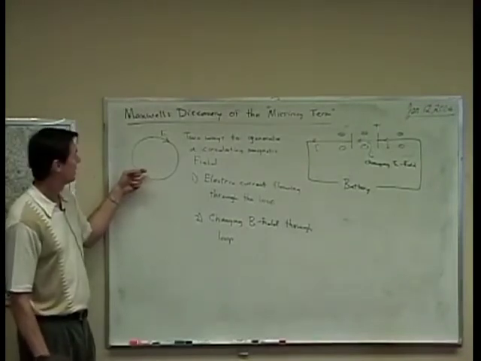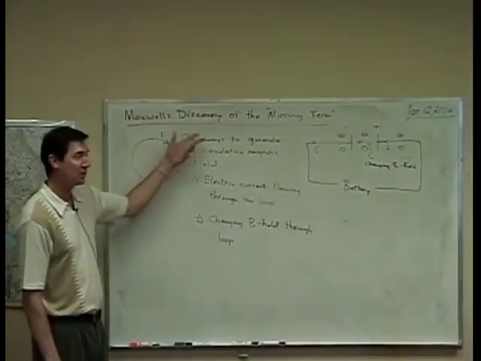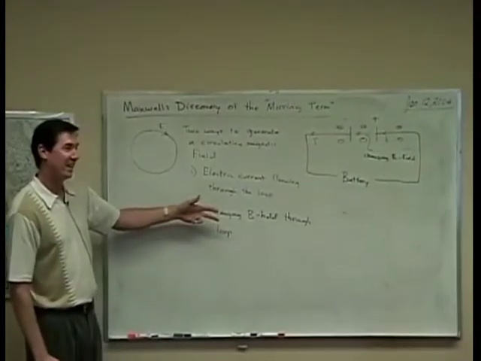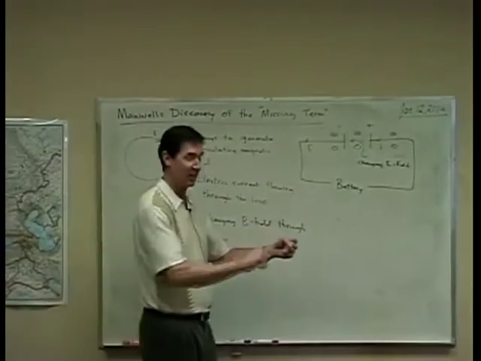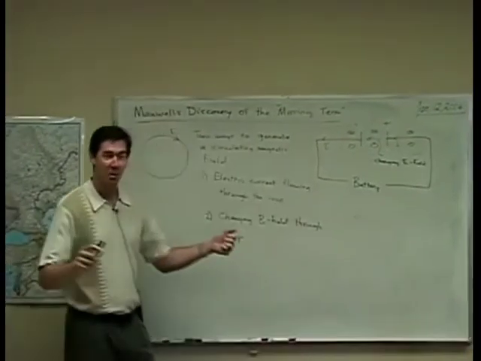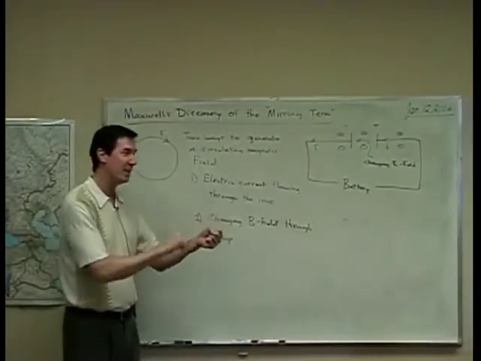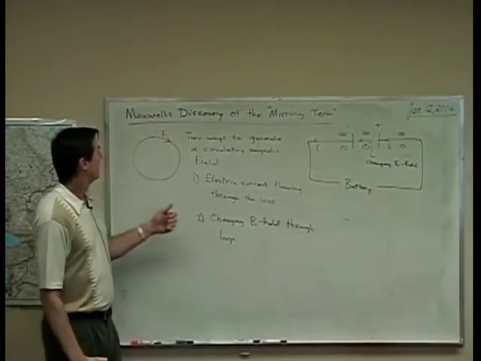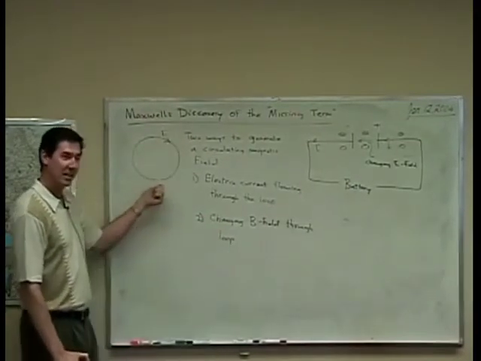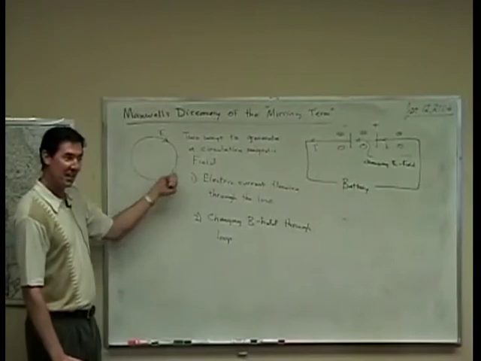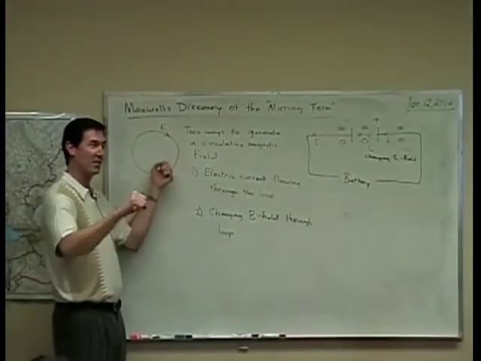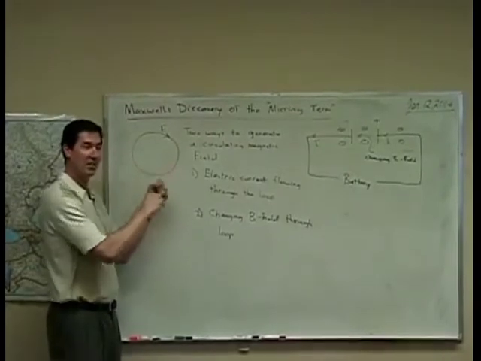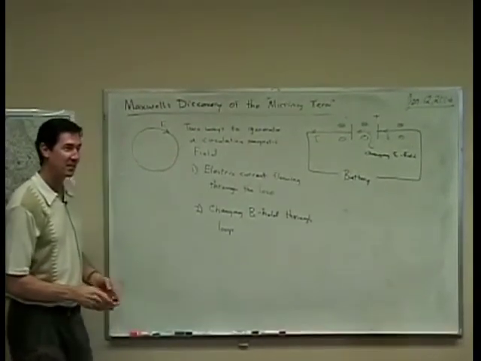Now, is there any second way that you can create a circulating E field? I mean, there were two ways to generate a circulating magnetic field. We could have an electric current, or we can have a changing electric field. Now we're talking about creating a circulating electric field. One way is to have a changing magnetic field.